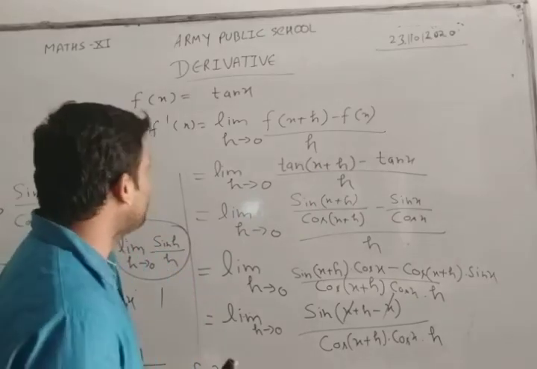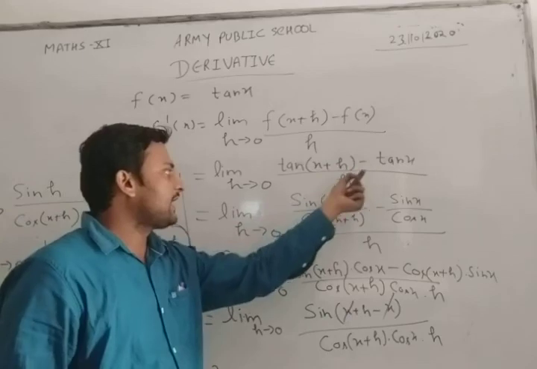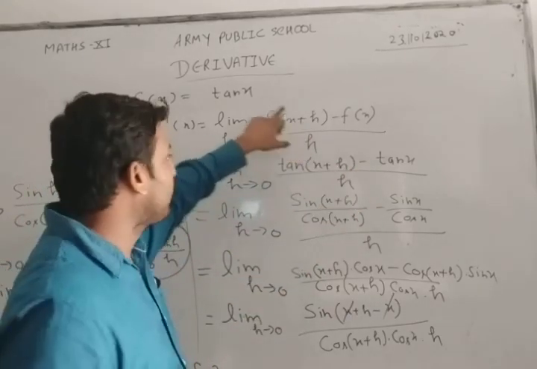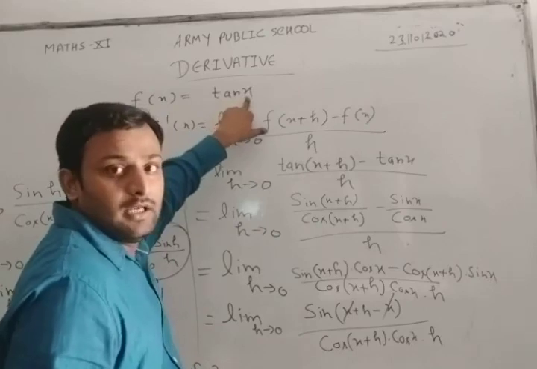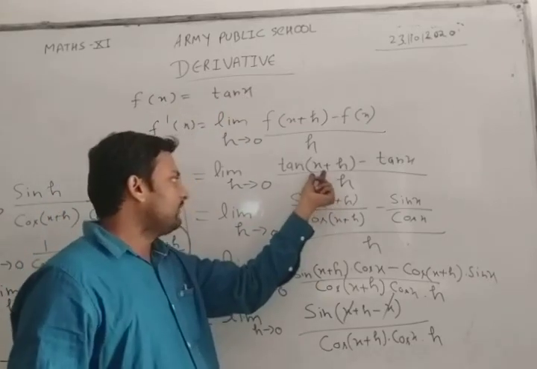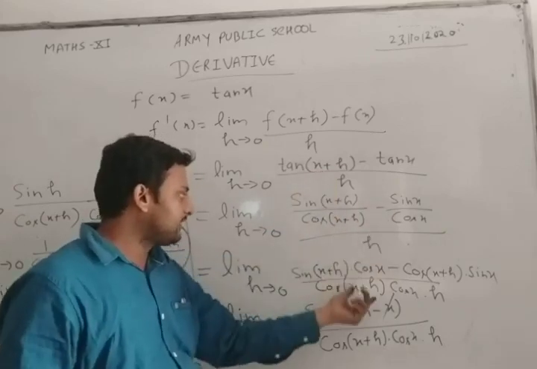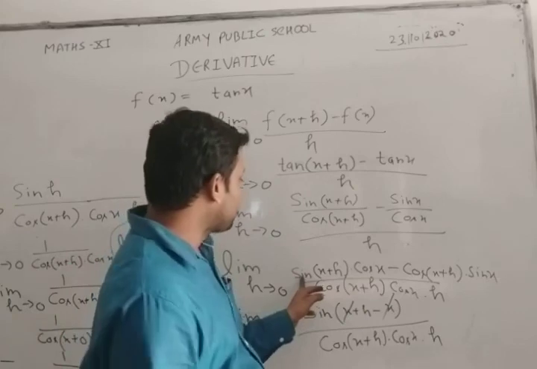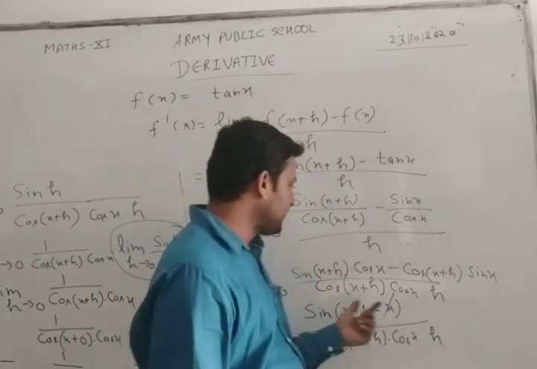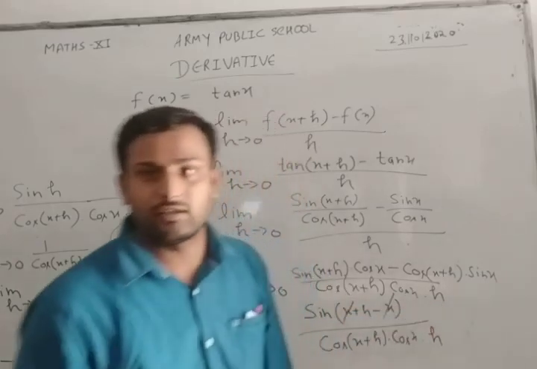Now we put our function tan(x + h) minus tan x by h, because here the variable is x + h, so we change the variable. At the place of x we write x + h. As we can change tan into sin and cos, we take LCM. So we get sin(x + h) cos x minus cos(x + h) sin x divided by cos(x + h) cos x into h.